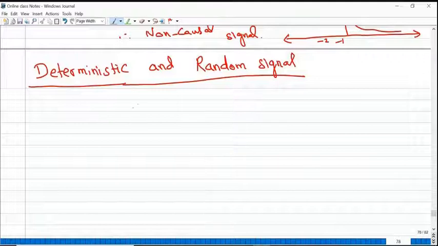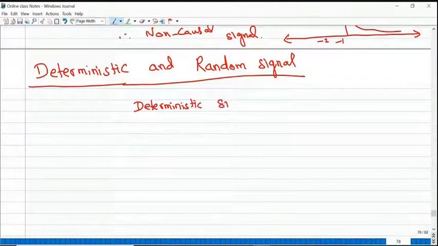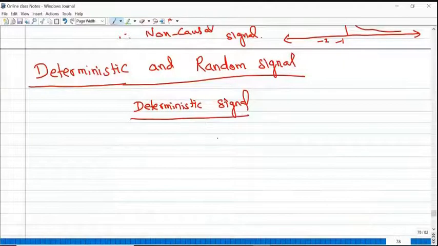Okay. So what do you mean by deterministic signal? A deterministic signal is a signal exhibiting no uncertainty of value. Or a signal that can be represented by mathematical equations. Example I'll give you.